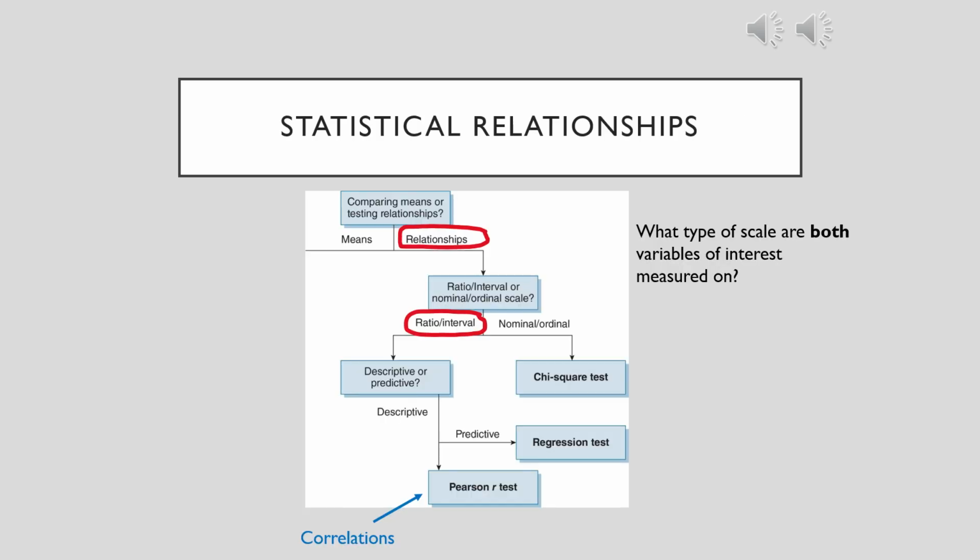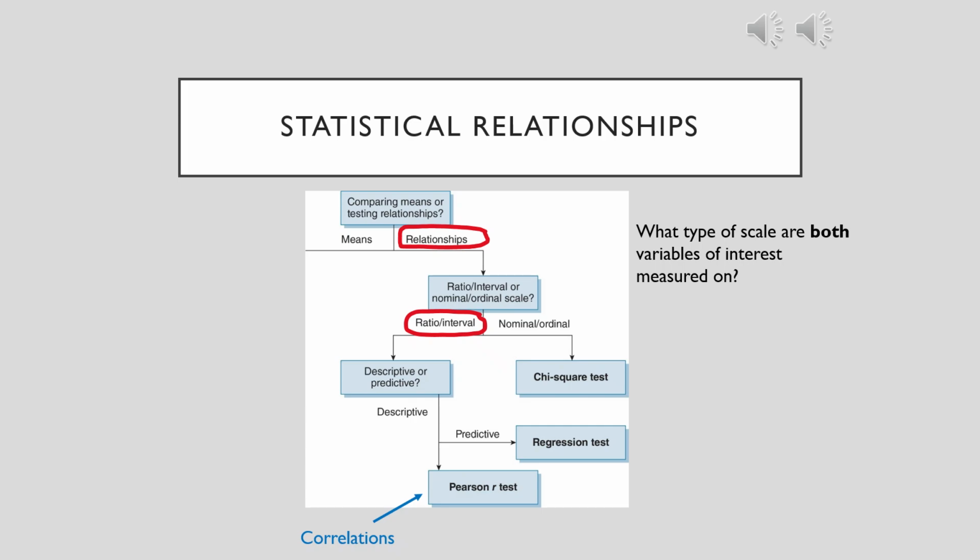So in all the previous statistical tests we've talked about so far this semester, we've been talking about comparing means. And that means you have either different samples, like in an independent t-test, or you have the same people go through two different conditions, as in a paired samples t-test, or you're just comparing one sample mean to a previously established population mean, like in a one-sample z-test or one-sample t-test.